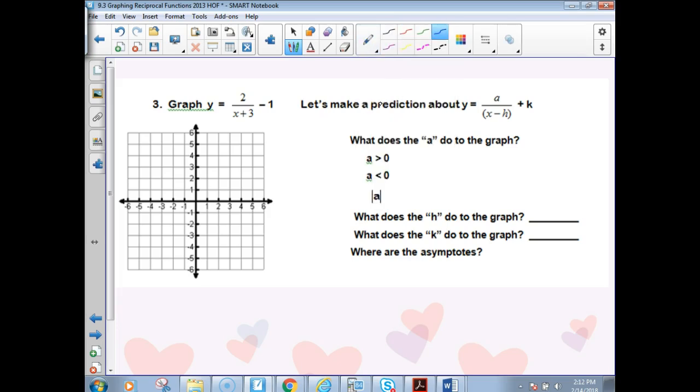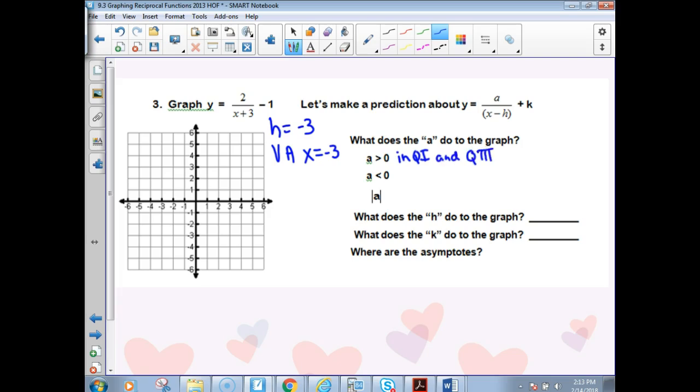So let's make a prediction about this graph. This graph, you have an h of not 3, but -3. Okay, all right, that tells me my vertical asymptote is going to be x equals -3. So what does the a do to the graph? We already said if a is not 0, is bigger than 0, then we're going to be in quadrant 1 and 3.